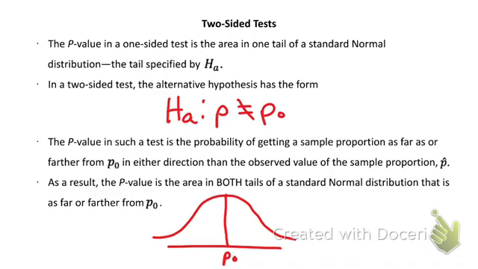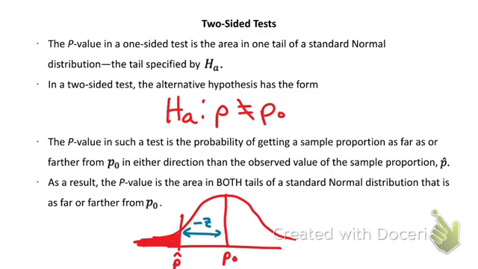So let's say for funsies that I get a p hat value that's below the claimed value. And I find the probability of being as extreme or more extreme than that particular value. That looks like a one-sided test. But what I do in a two-sided test is I say, okay, this was a certain distance. It's going to give me a negative Z test statistic because it's below. I say, you know what?